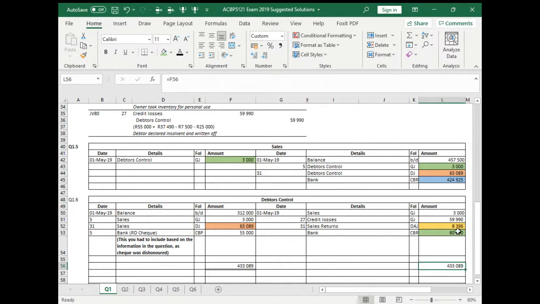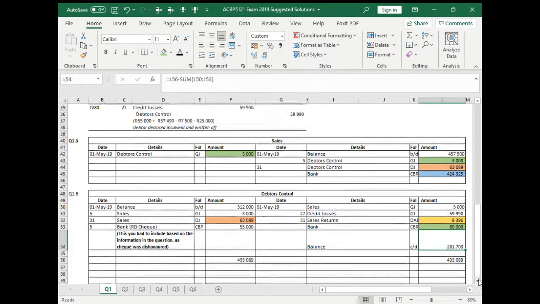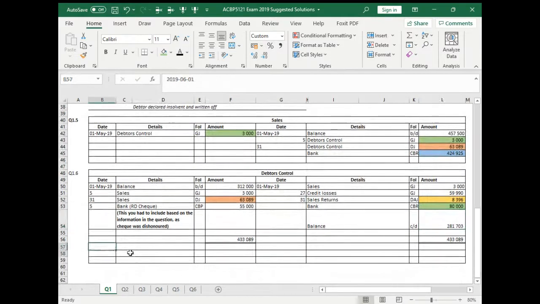Now to balance it, I take the debit side, the credit side, I add all of those amounts together and subtract it from my total to get the balance that needs to be carried down of 281. And then the last step that you have to do is you have to create the opening balance on the 1st of June, which agrees to that closing balance.